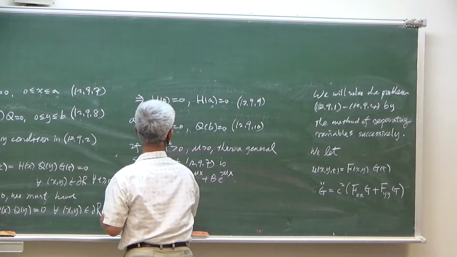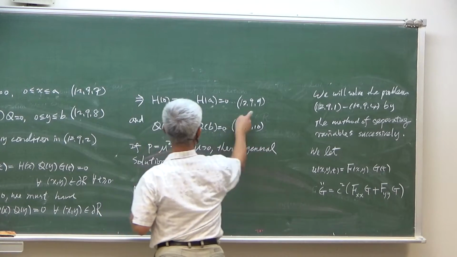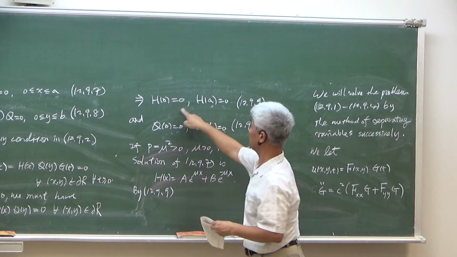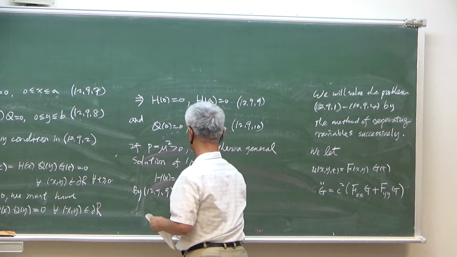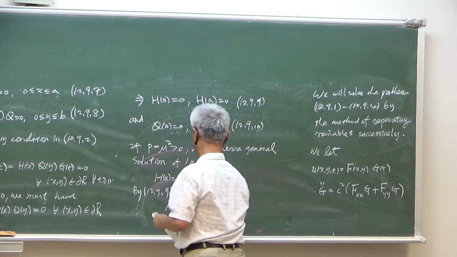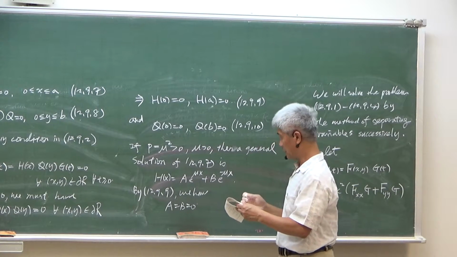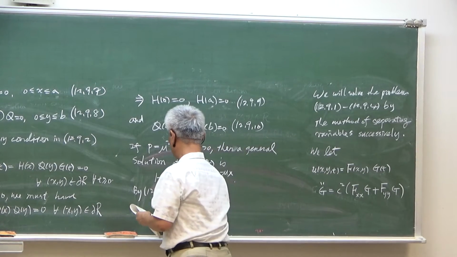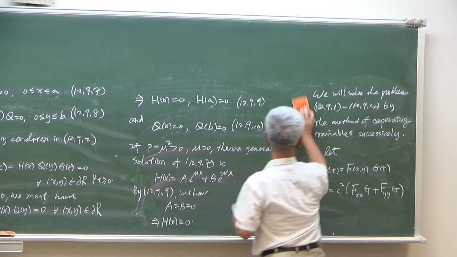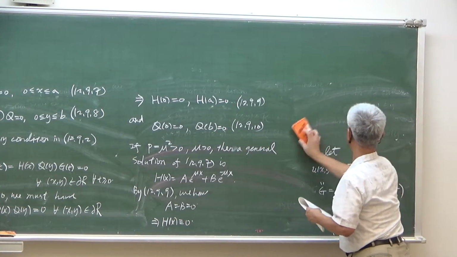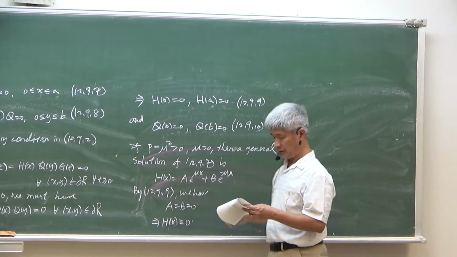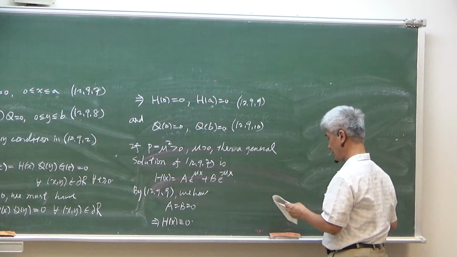And by the two conditions in 12.9.9, we have A equal to B equal to 0. So this implies that h of x is identically 0, which is not interesting. We are not interested in such trivial solutions.